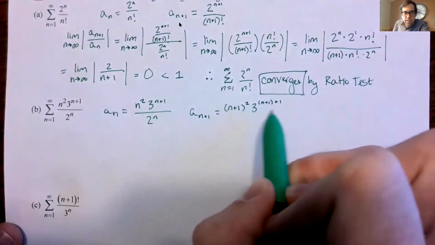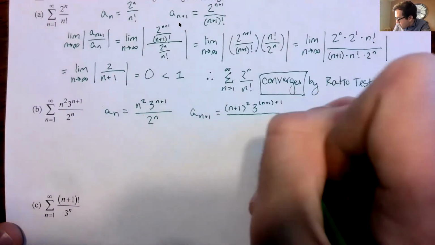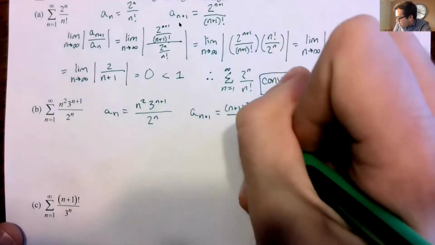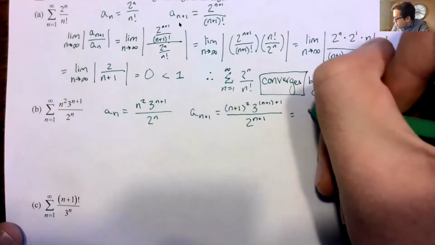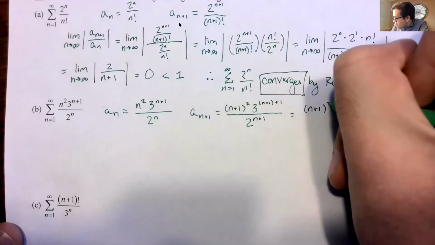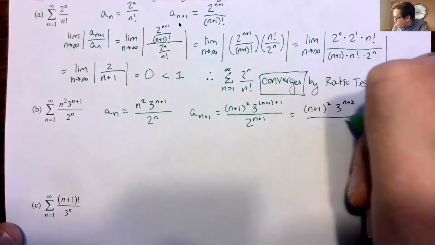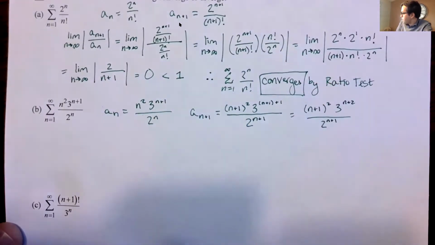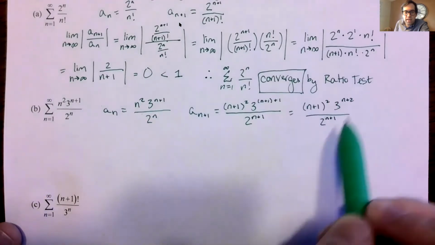So this is eventually going to turn into n plus 2 because I can add the ones together. But I wanted to show you that in that step so it's not confusing. And on the bottom, we're going to have 2 to the n plus 1. This becomes n plus 1 squared times 3 to the n plus 2 over 2 to the n plus 1. Okay, so for any nth term, this is the next term.